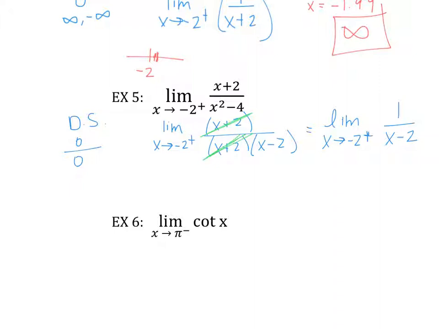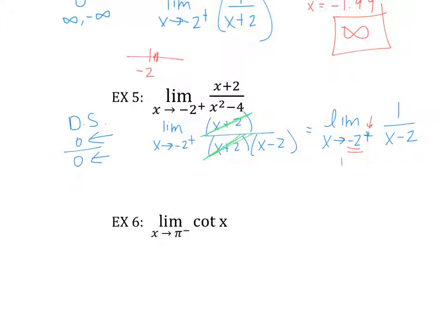I do not put a close number to -2. Do not, from the right, do not put in the -1.9999 there. No, you only do that when you get a non-zero over 0. So even though this has the plus right there and you're approaching from the right, you are doing direct sub. And so you put in -2.